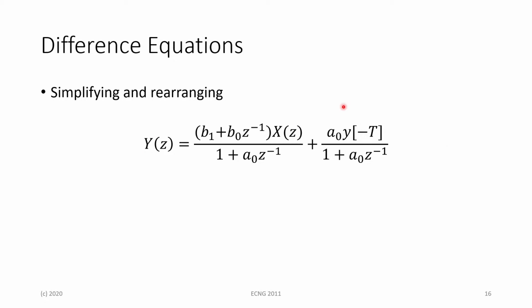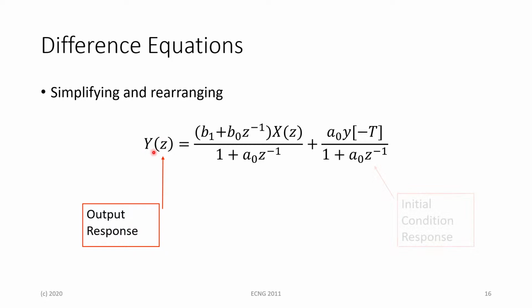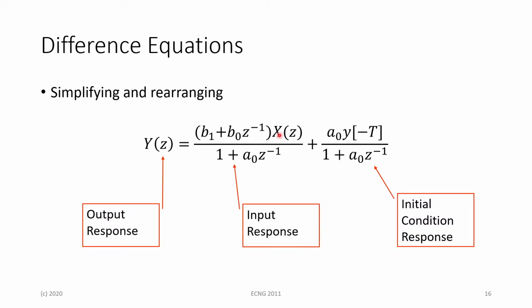So the difference equation, when you actually do all this and you remap it and rearrange it, gives you this first order form that we just now observed, where y of z here gives us the output response, the y of minus t here will give us our initial condition response, and the x of z part here will give us our input response.